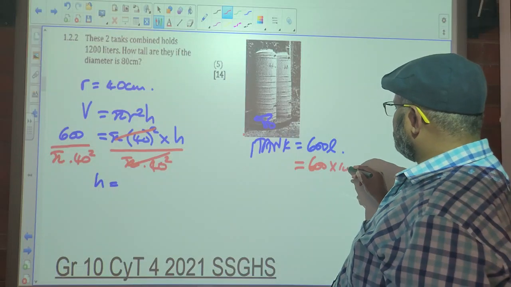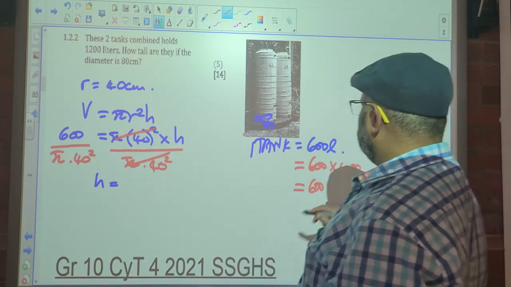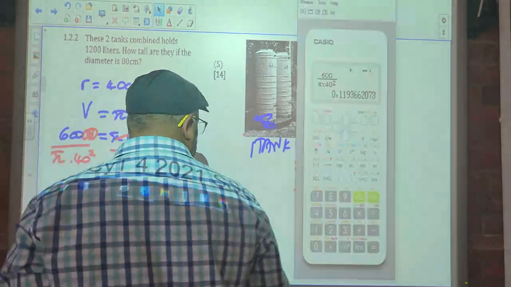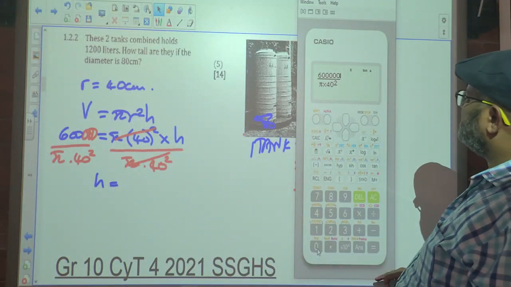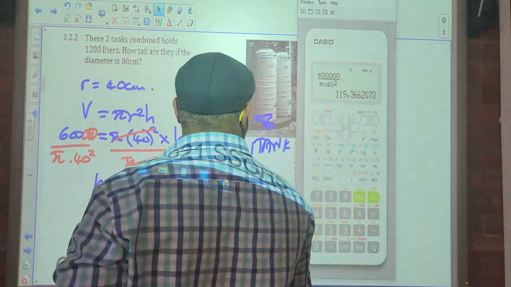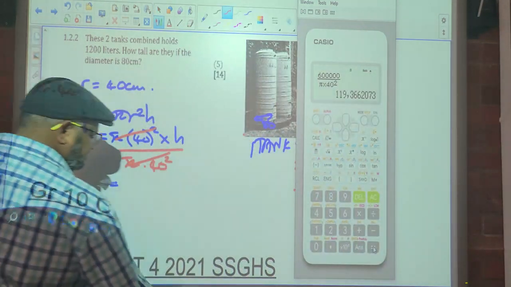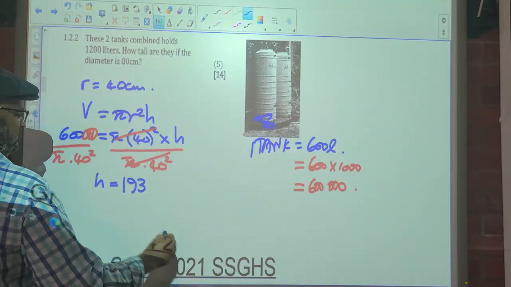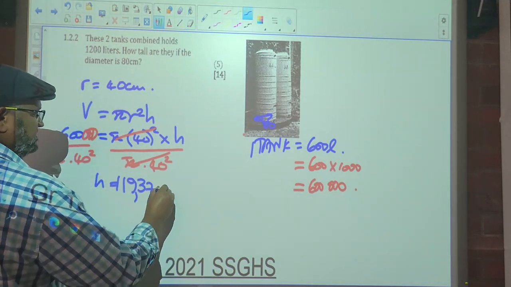So you multiply this by 1,000, so it's 600,000. Okay. Gives me a height of 119,37 centimeters.